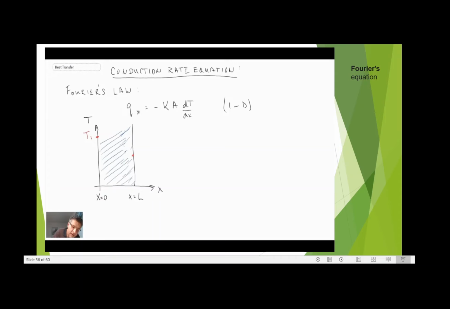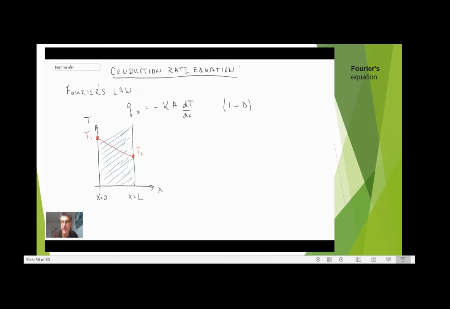So there we go, that's a straight line connecting x equals 0 to x equals L, T1 to T2. And then remember, the heat is going to flow from the hotter to the cooler, and consequently the heat transfer is going in this direction here.